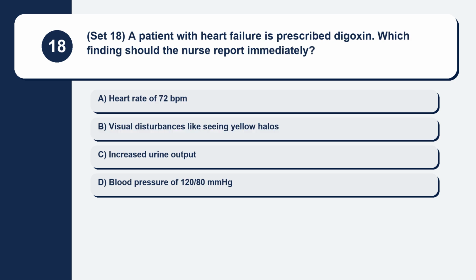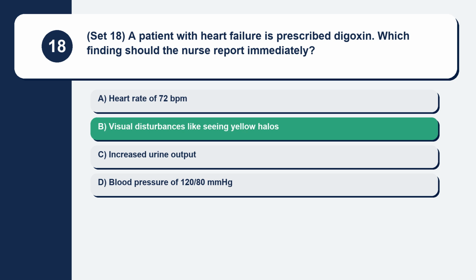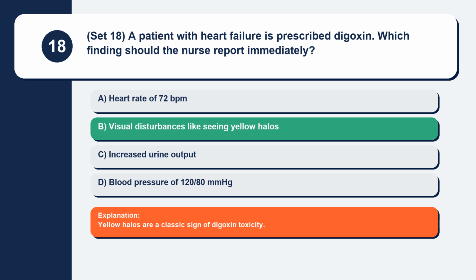Question 18. Set 18. A patient with heart failure is prescribed digoxin. Which finding should the nurse report immediately? Heart rate of 72 bpm, visual disturbances like seeing yellow halos, increased urine output, blood pressure of 120/80 mmHg. Yellow halos are a classic sign of digoxin toxicity.